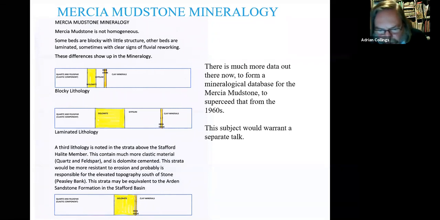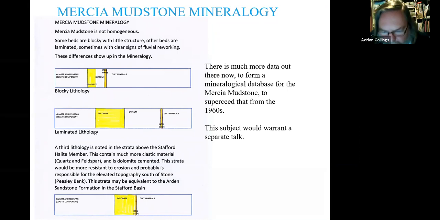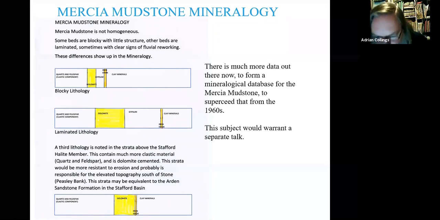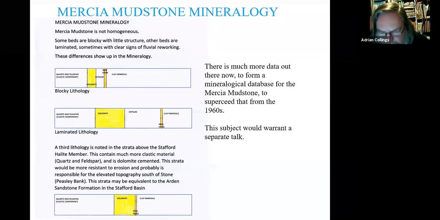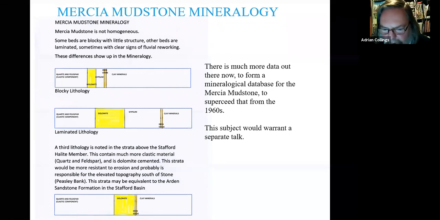And then a third lithology is noted in the strata above the Stafford Halite Member. This contains much more clastic material and is dolomite cemented. This strata would be more resistant to erosion and probably is responsible for the elevated topography south of Stone, the Peasley Bank Hill.